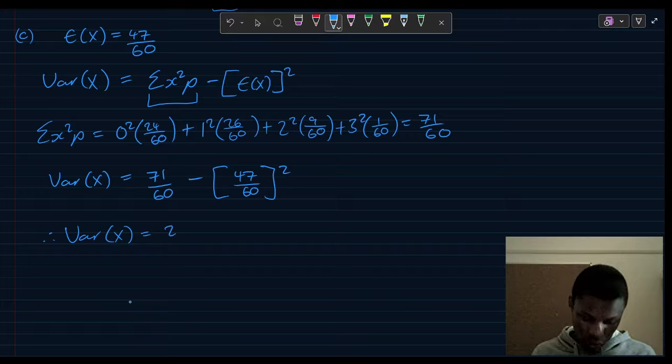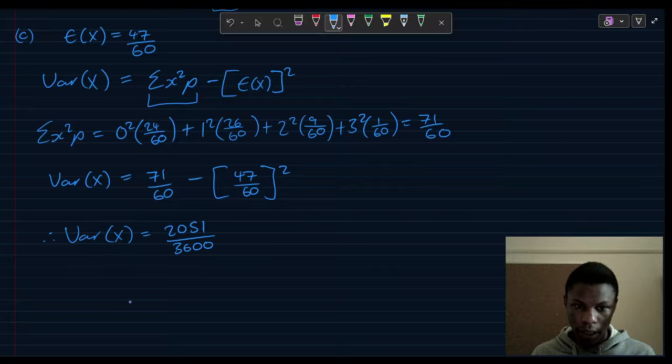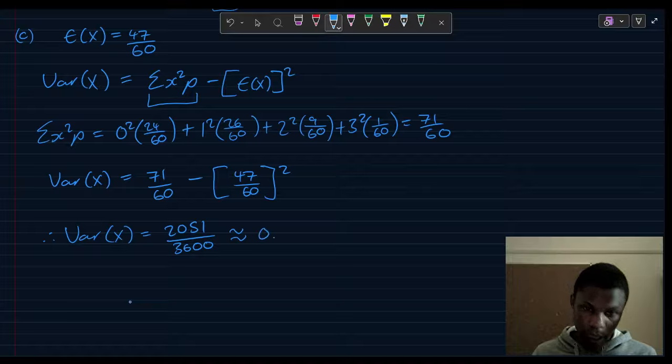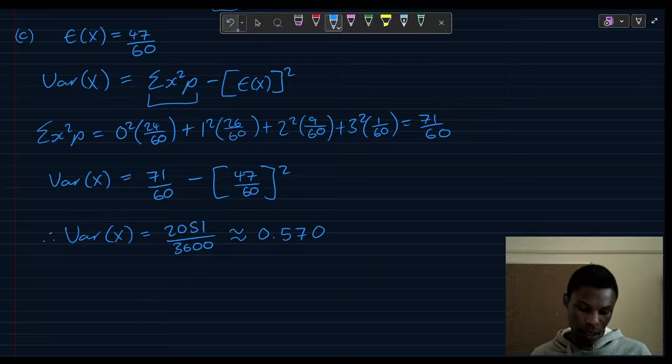We get 2051/3600. Or if you want to give it as a decimal, this is 0.56 or 0.570 if you're going 3 significant figures.